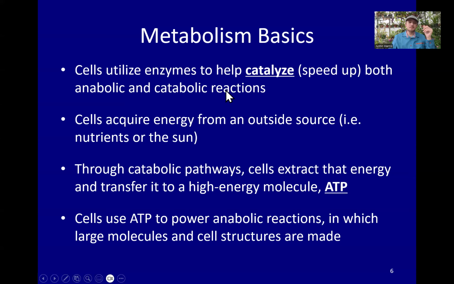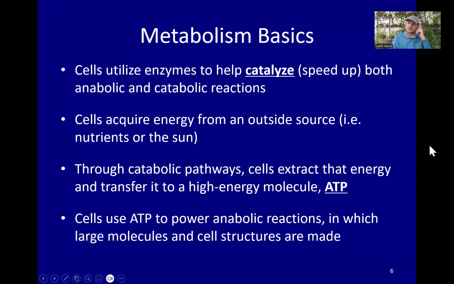These enzymes are what are known as catalysts, and they speed up that reaction without actually being used in that reaction themselves. So instead of that reaction taking thousands of years, it happens much faster. And that makes it where we can actually use that reaction in biology to sustain life.